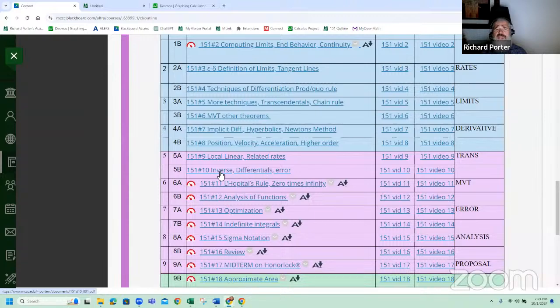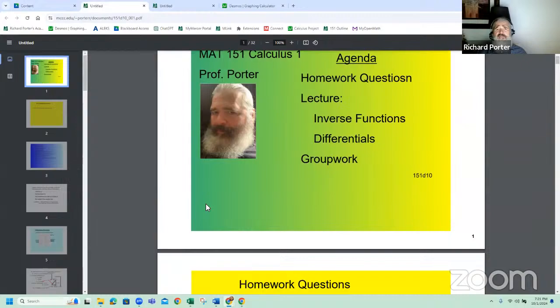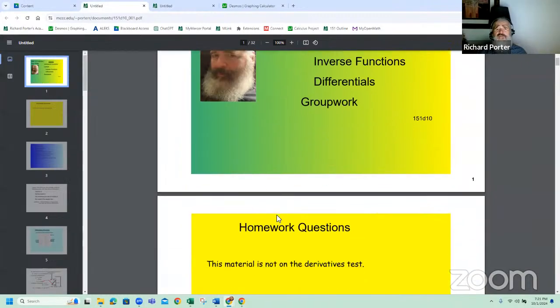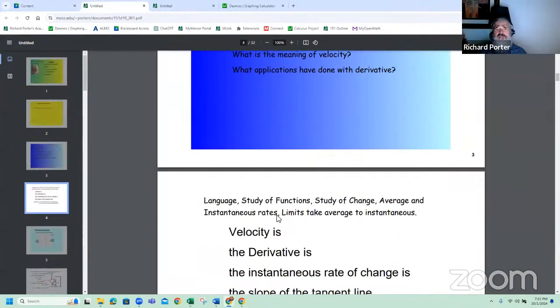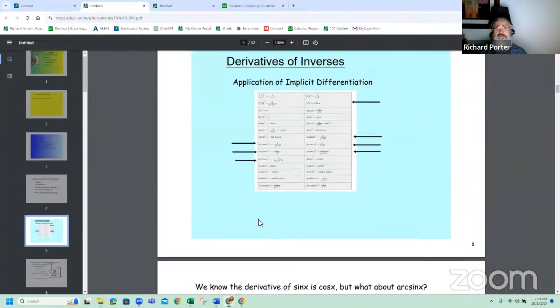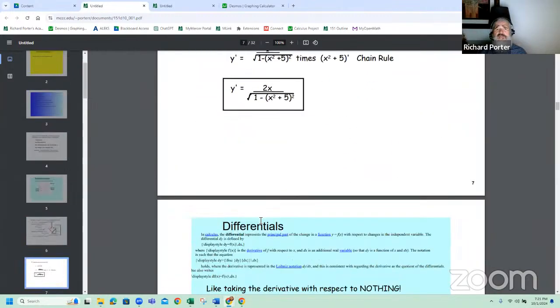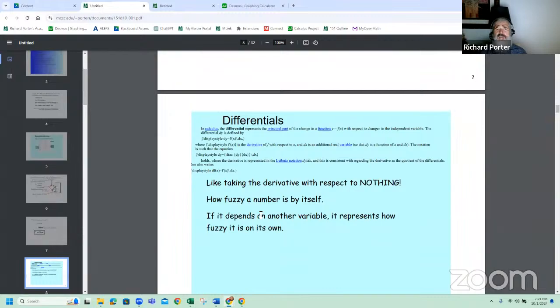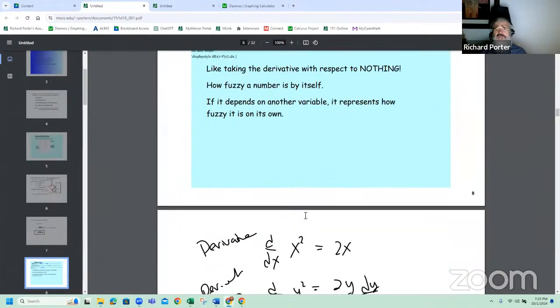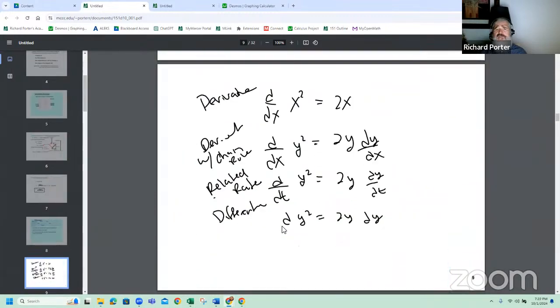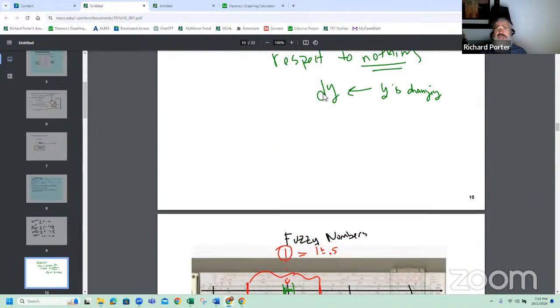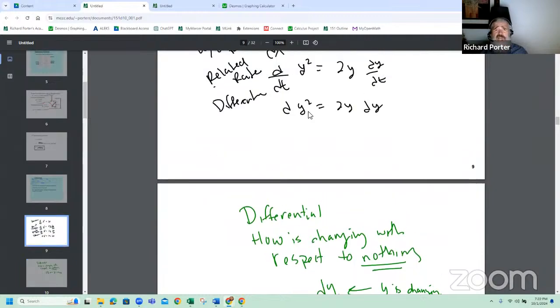Those are not on the say it thing, so I'm gonna have to add them. But a differential is when you take the derivative with respect to nothing. So a differential looks like it just says dy, that's a differential. Okay, we'll talk about that next time.